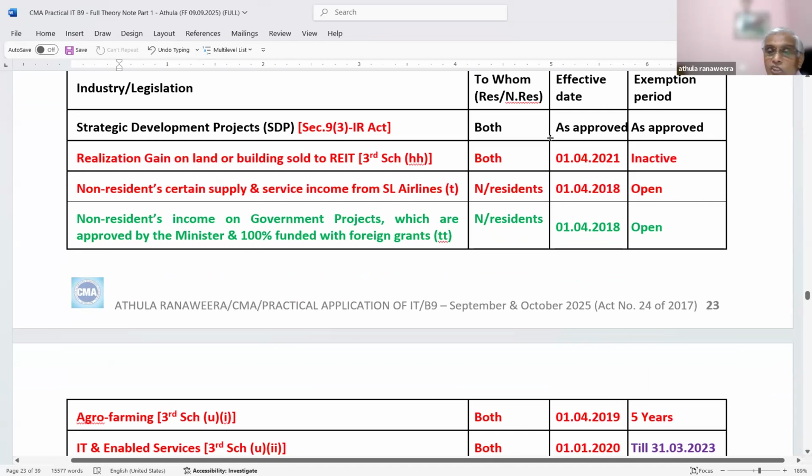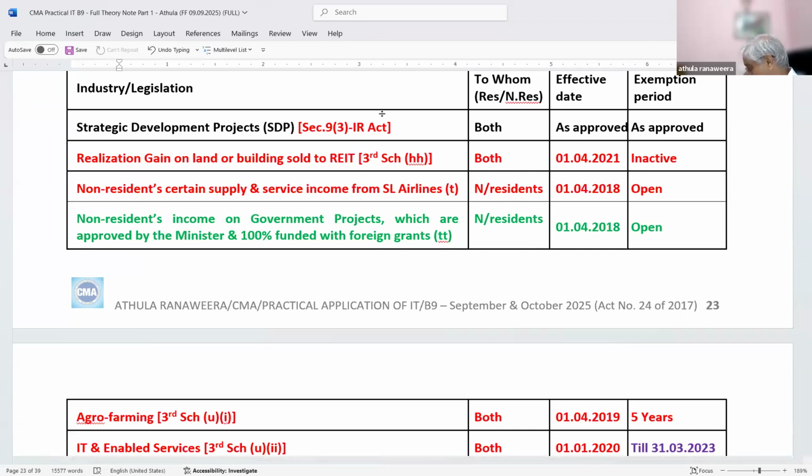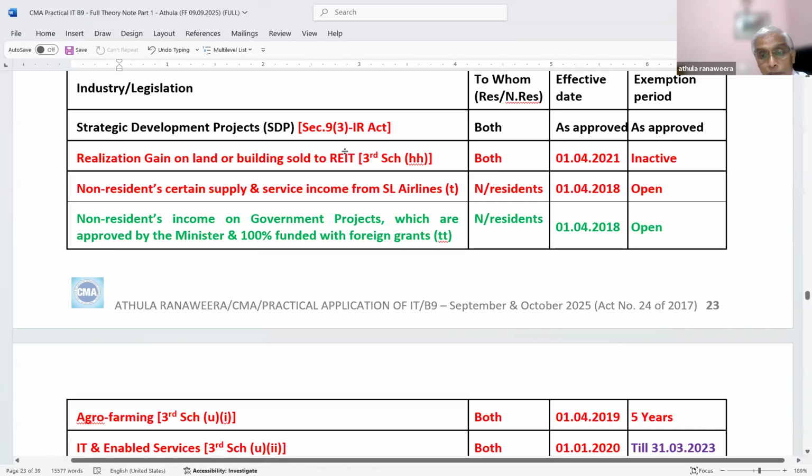But now, in addition to these things, we have to bring in the Port City Act also, because the Strategic Development Project Act is also not much active. In a way, that's good, because this is not a good law for a country, right? Therefore, it is good if it is not operating.